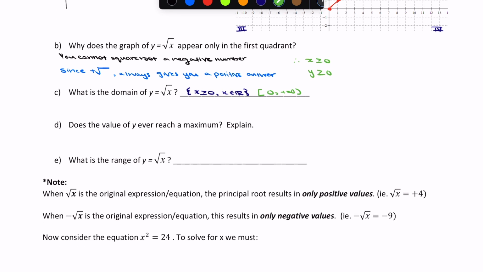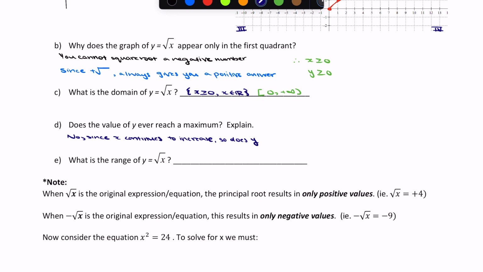Here, does the function ever reach a maximum? It doesn't reach a maximum. So here, we'll say no, since x continues to increase, and so do the y values.